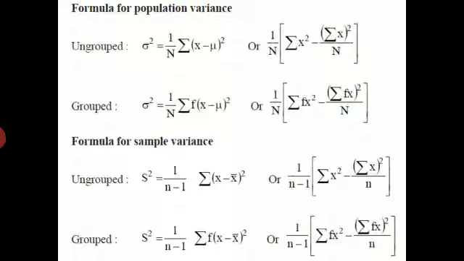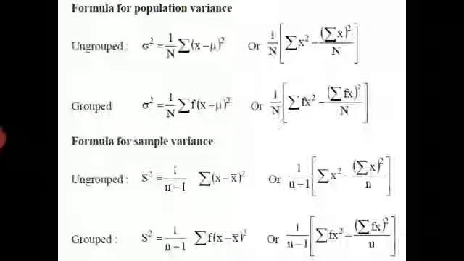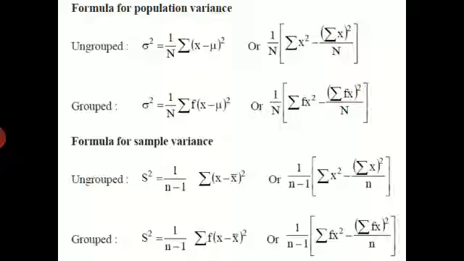For grouped data, sigma square is equal to 1 by n summation f, where f is the frequency, times (x minus mu) square, mu is the mean. Or 1 divided by n times [summation f x square minus (summation f x) square divided by n].